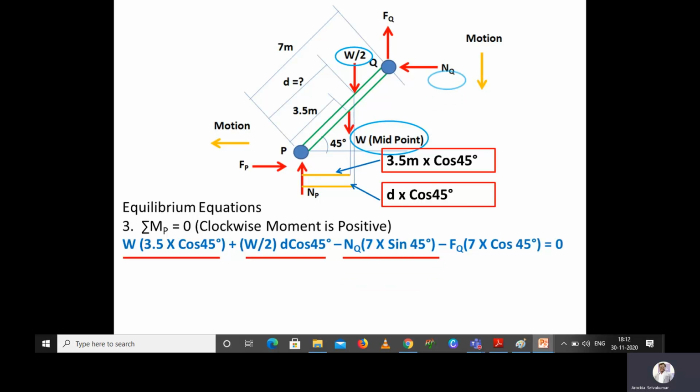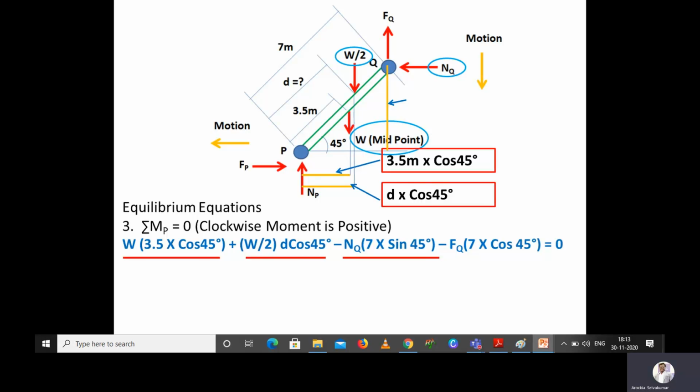And next we go for the normal reaction at Q. Now we have to calculate the perpendicular distance from point P for this force. This distance will be calculated based on the 7 meter, the total length of the ladder, and the angle is given as 45 degree.